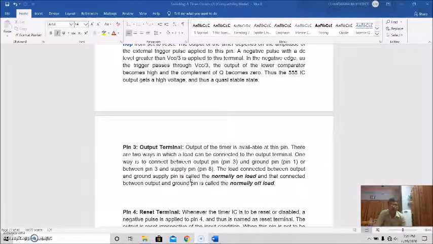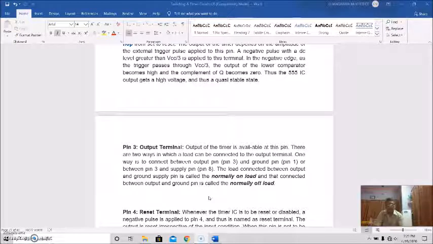The load connected between output and supply pin is called the normally on load, and that connected between output and ground pin is called the normally off load.